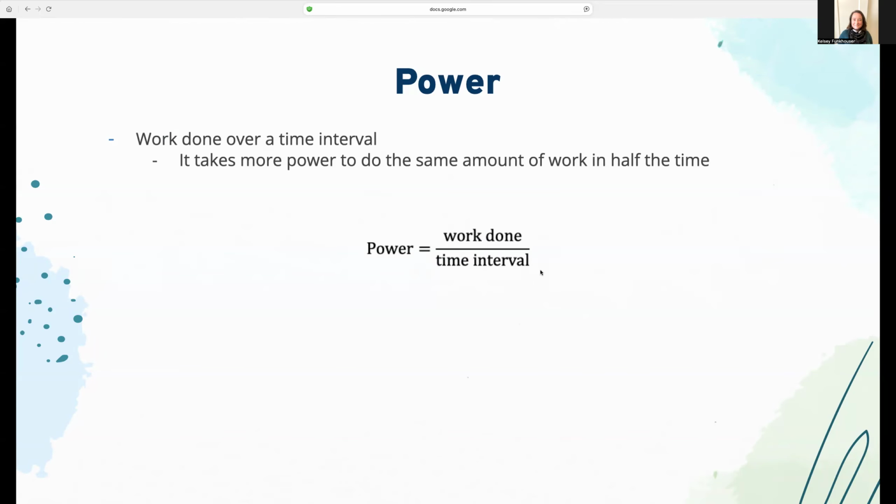And remember, you can always double check this if you forget, but if a big number is on the bottom of a fraction, then the overall value is smaller. So a small number at the bottom of the fraction means the overall result is bigger. So if we're doing the same amount of work, but you do it in 2 seconds and someone else does it in 4 seconds, then you're using more power than that person.